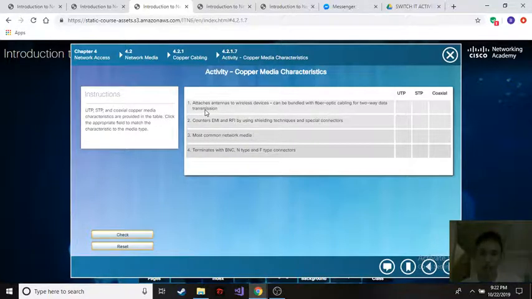So the first characteristic is attaches antennas to wireless devices, can be bundled with fiber optic cabling for two-way data transmission. I believe the media type is coaxial.